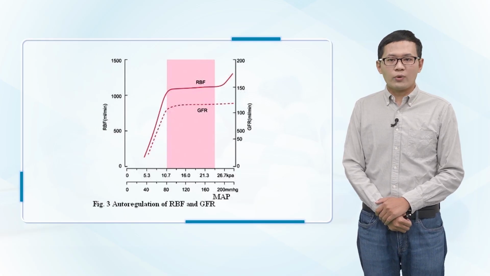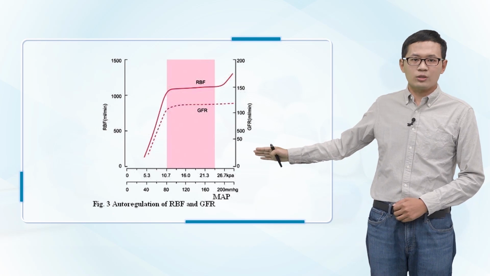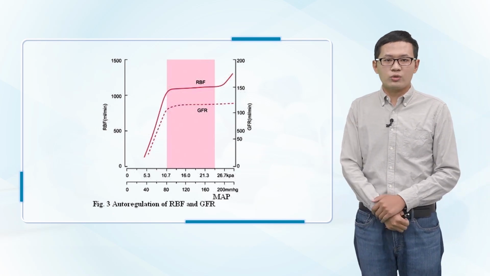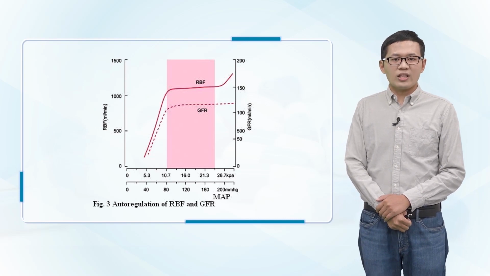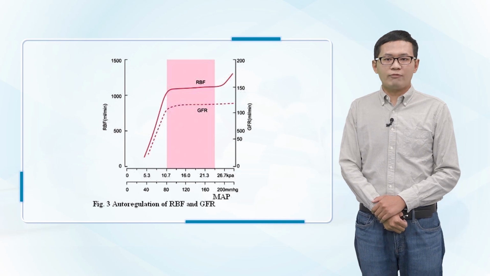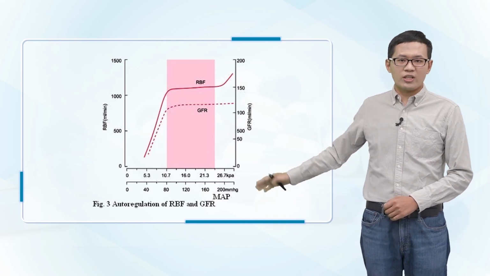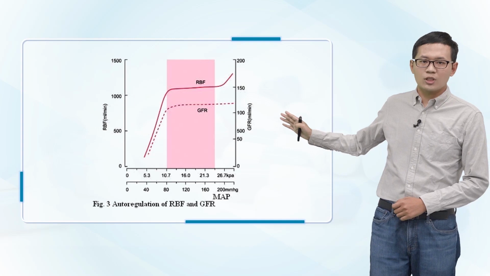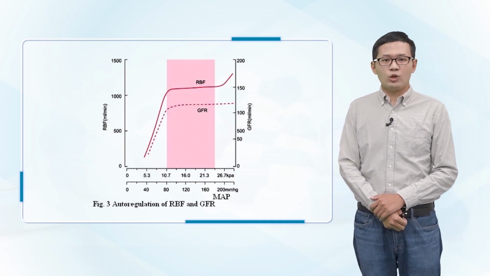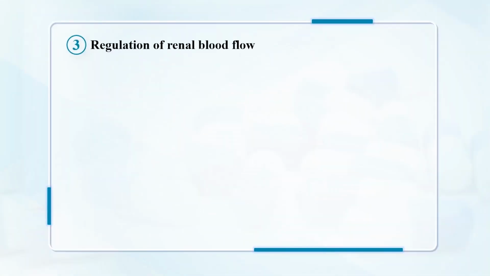When the arterial pressure is in the range of 80 to 180 mm mercury, renal blood flow is relatively constant. When the arterial pressure is beyond this range, the renal blood flow changes with the arterial pressure, so that this can maintain stable blood flow in normal conditions.